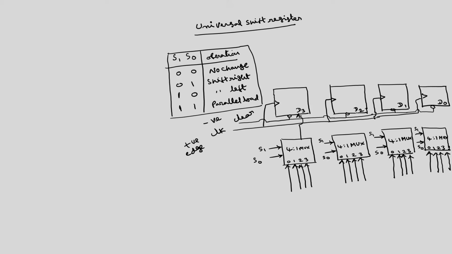This output I am going to connect to D3, this to D2, this to D1, this to D0, because the multiplexer will have only one output. The corresponding outputs I will call Q3, Q2, Q1, Q0.